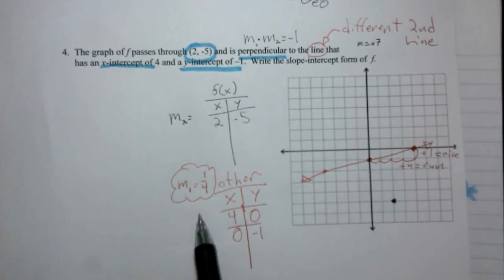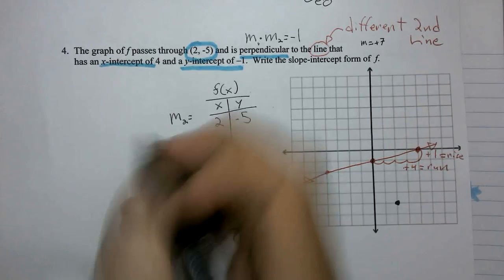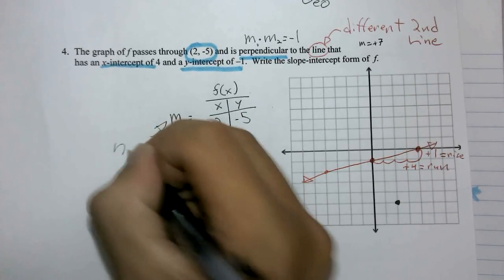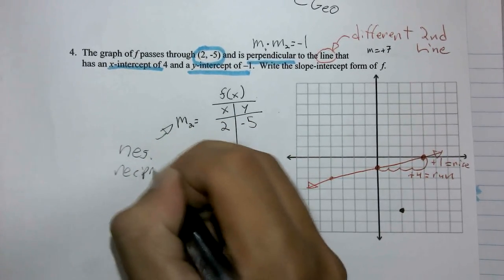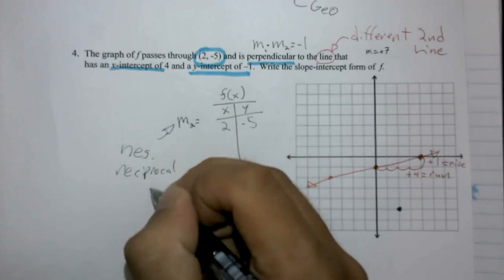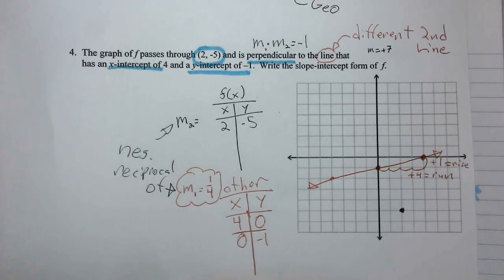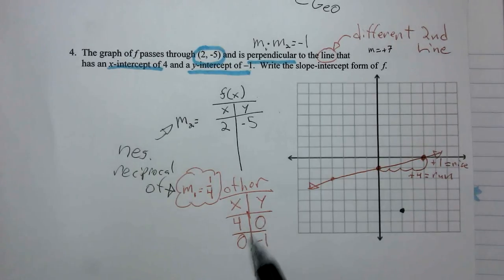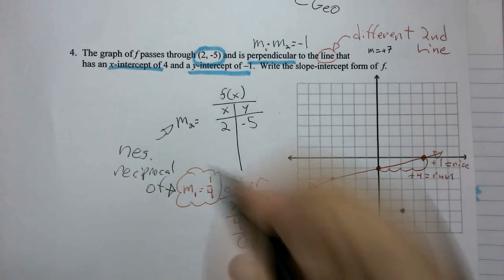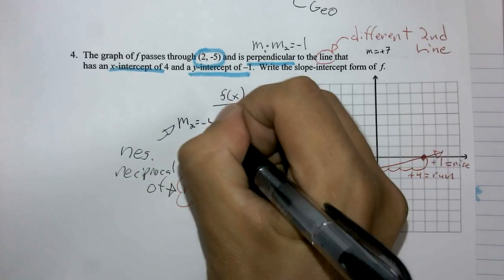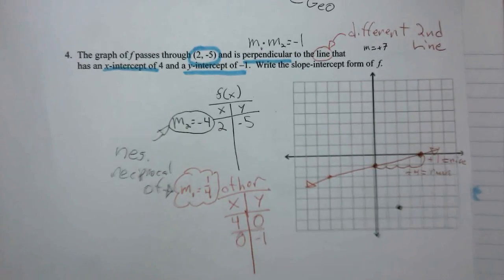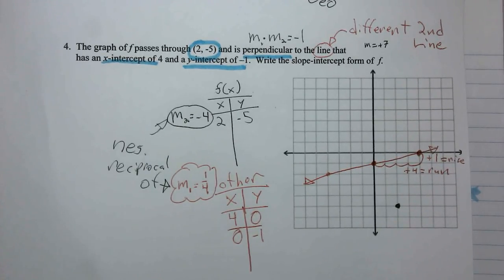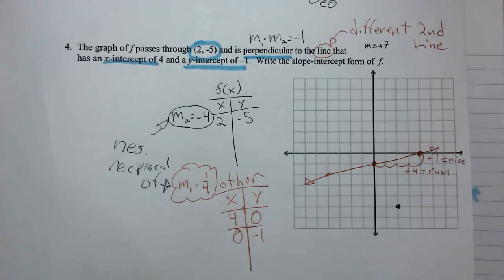We know that this needs to be the negative reciprocal of this one. So if the slope of the other line is 1/4, this is going to have to be -4. Flipping around, 1/4 would be 4. Switching the signs would make it negative. So we know that our slope is -4.